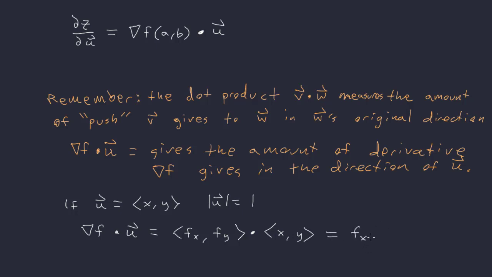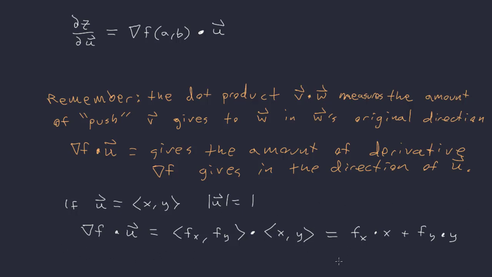So that means it's f sub x times x plus f sub y times y. So x is how much of the x derivative we get, and y is how much of the y derivative we get.